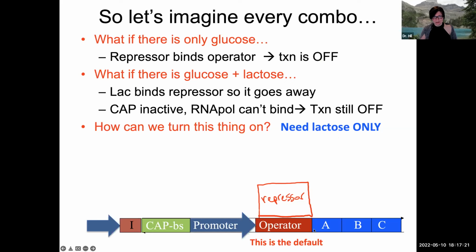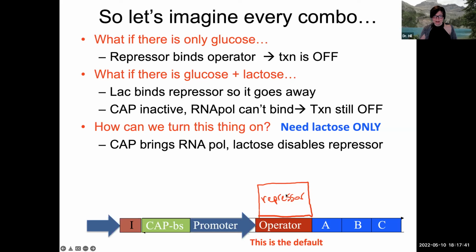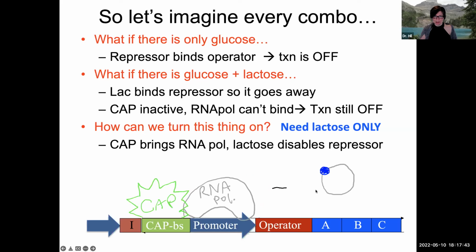First, here's the default repressor, but in the presence of lactose, what happens to this repressor? Yeah, lactose binds, convinces it to take a coffee break, little creamer in my coffee, and off it goes. There, it's going away, bye-bye.